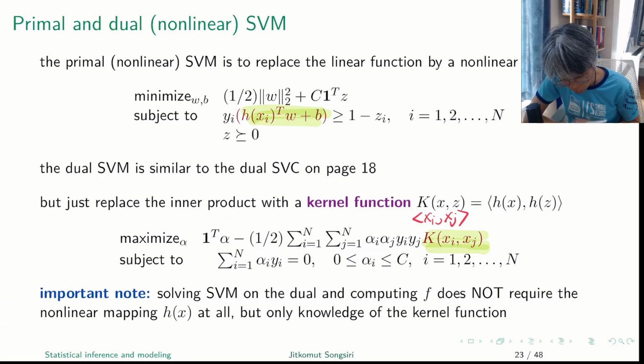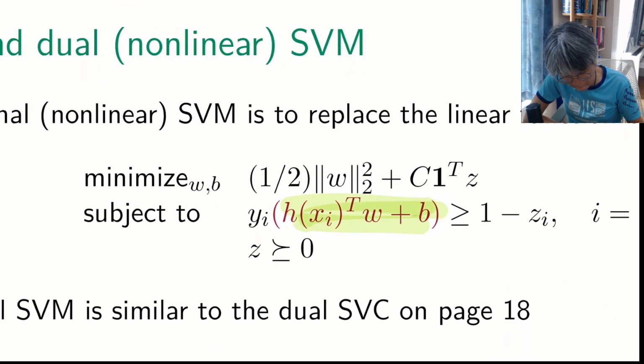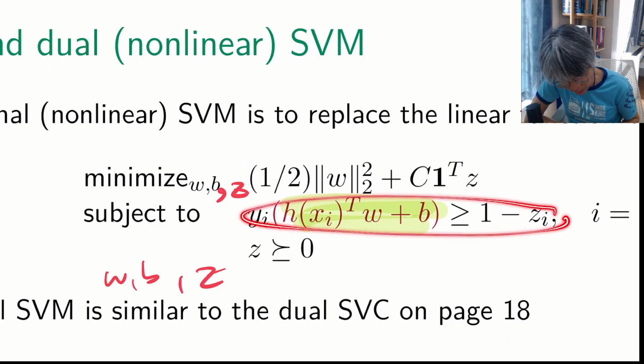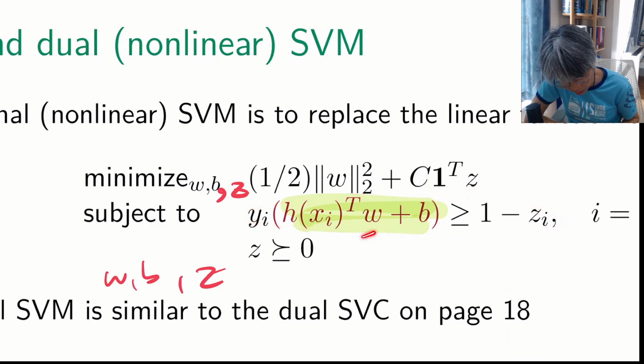One important note is that in the primal SVM, your optimization variables are w, b, and z. The objective is quadratic in w and linear in z, and the linear inequality constraints are linear in w, b, and z, the optimization variables.